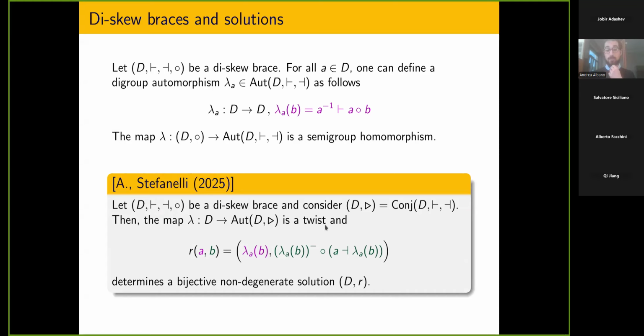Then what happens is that the lambda map here is actually a twist for the conjugation rack of the di-skew brace of the additive digroup. I'm sorry. And in particular, using the result we have seen before, the map R from the square to the square, defined in this way, provides a non-degenerate and bijective solution to the Yang-Baxter equation.